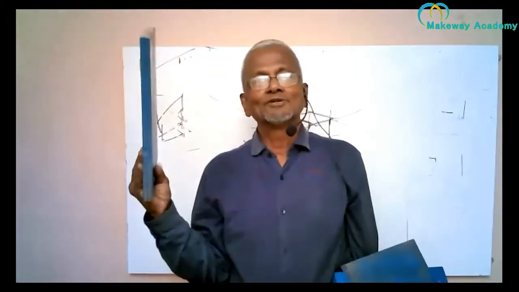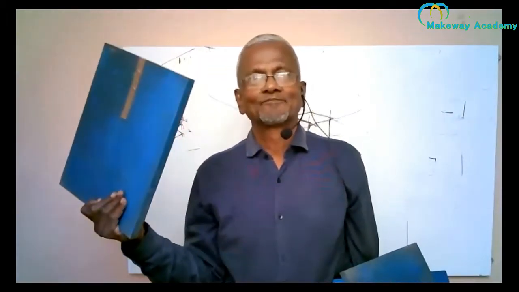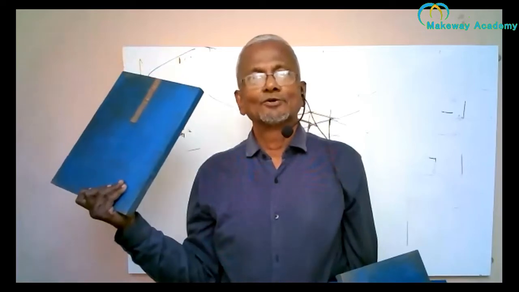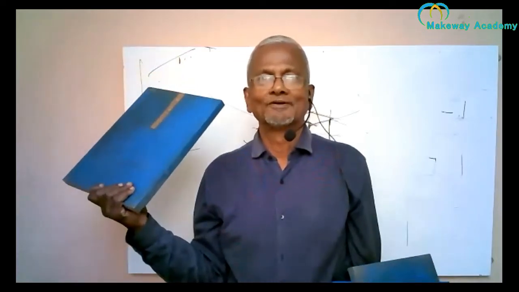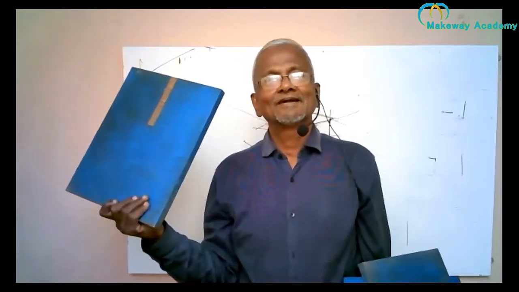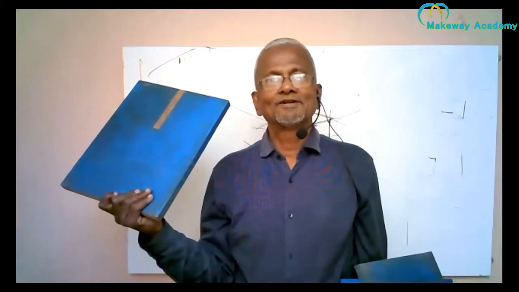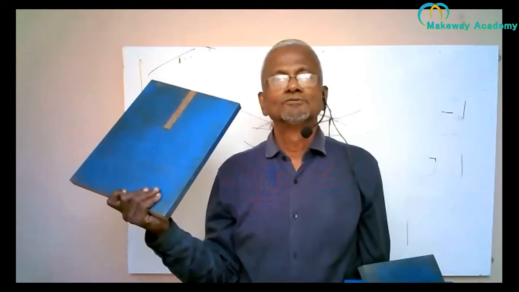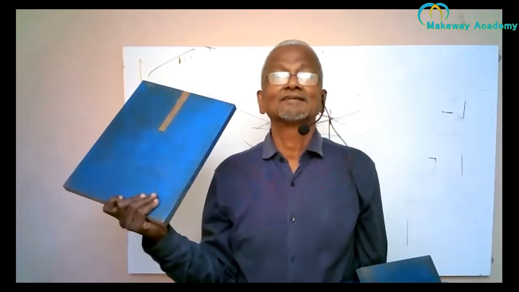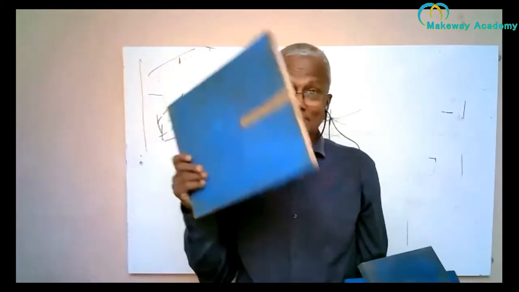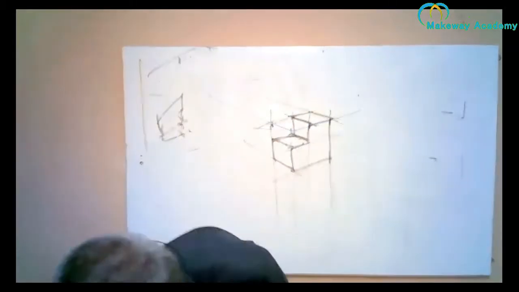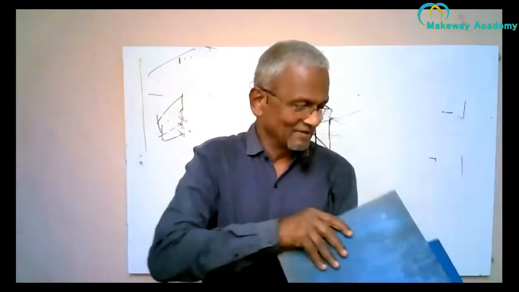So what did I actually do? I assembled them. And I drew the drawing on the board. So that is called assembly drawing. So assembly drawing tells us how the various parts are assembled. So a particular location, this has to be kept at a particular location.